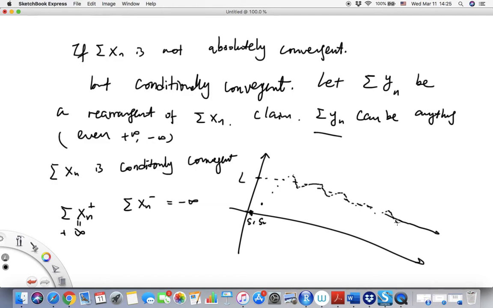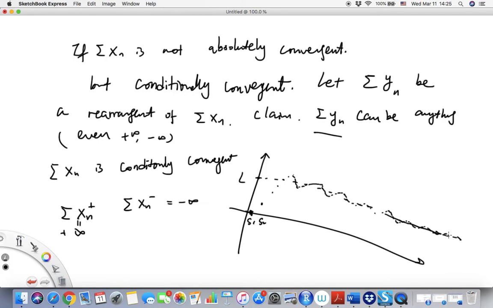because the series is convergent, so the magnitude of those terms will eventually go to 0. So I can always make sure that I stay as close to L as I would like.